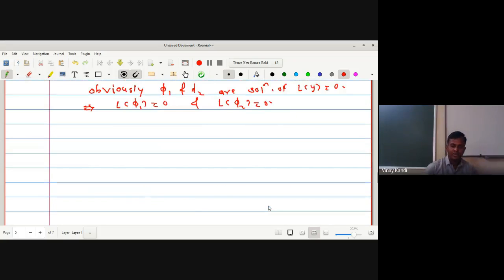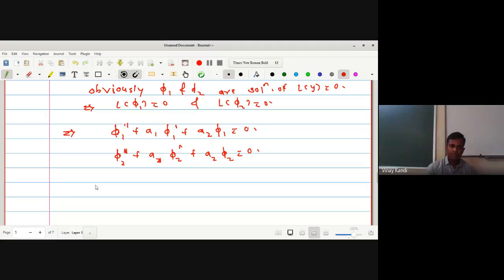Okay, it implies it satisfies the given differential equation. What is the given differential equation? Phi 1 double dash plus a1 phi 1 dash plus a2 phi 1 is equal to 0 and phi 2 double dash plus a1 phi 2 dash plus a2 phi 2 is equal to 0. Okay, any doubt up to here?